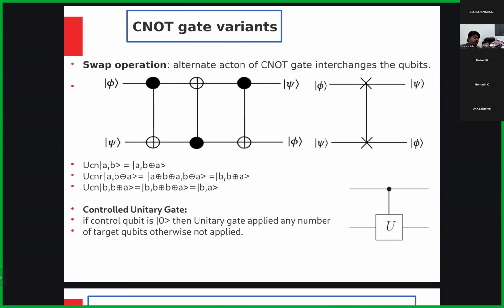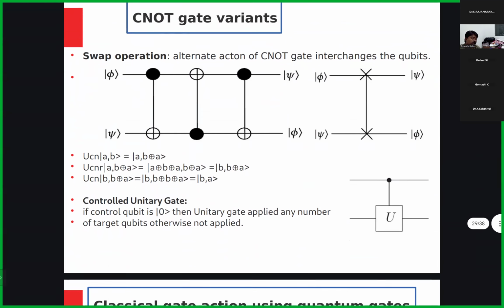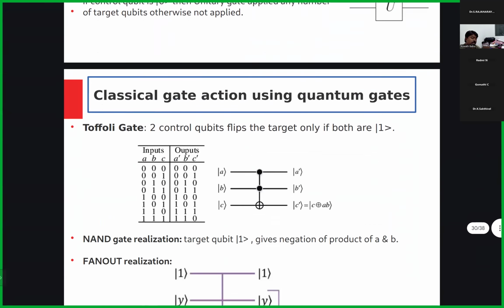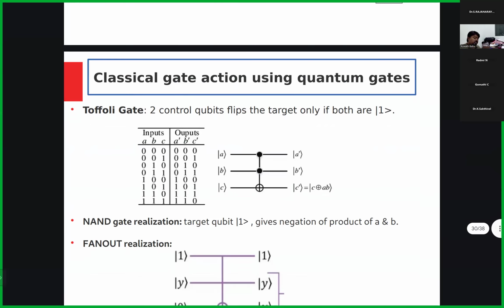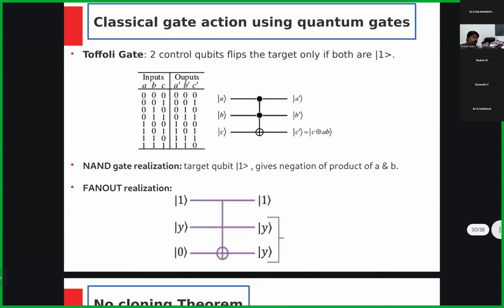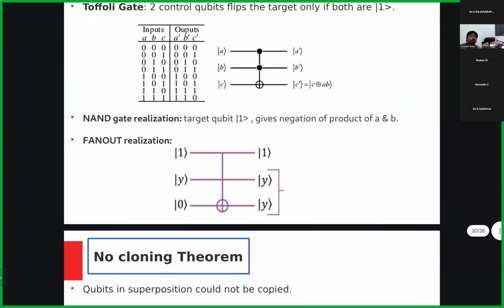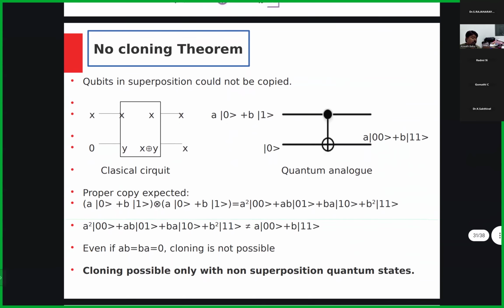There is one more thing I want to show you. CNOT gate variants we can have. We can have a swap operation between two quantum registers using multiple CNOT gates, and a controlled unitary gate just like a CNOT gate. Using a CNOT gate operation, you can realize classical gate operations like AND and NAND, and even fan-out operations, which I hope was already discussed.